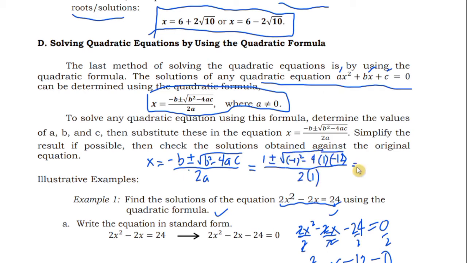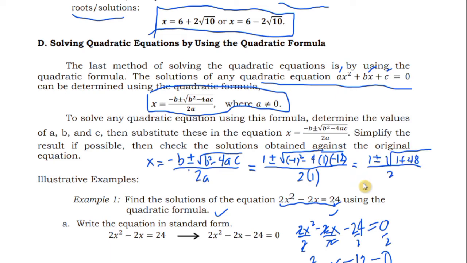So we now have 1 plus or minus the square root of: negative 1 squared is 1. Negative 4 times 1 is negative 4. Negative 4 times negative 12 is positive 48, all over 2 because 2 times 1 is 2.